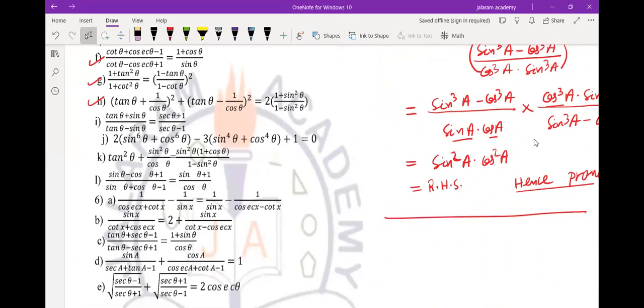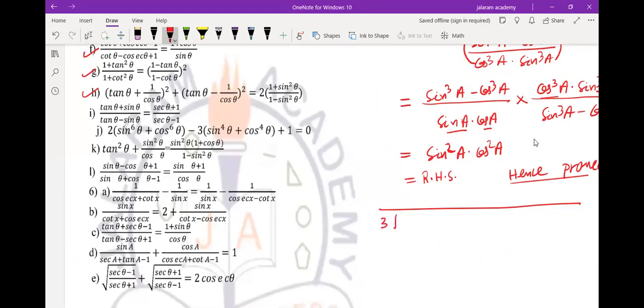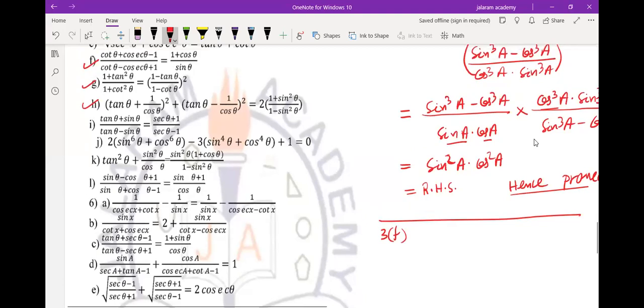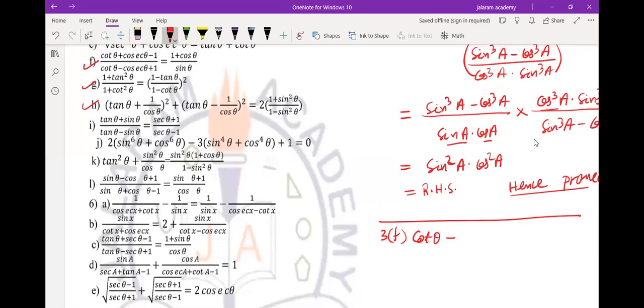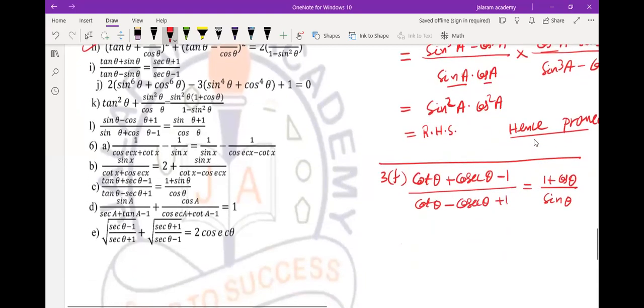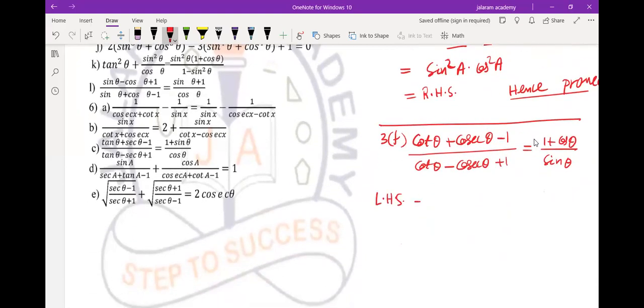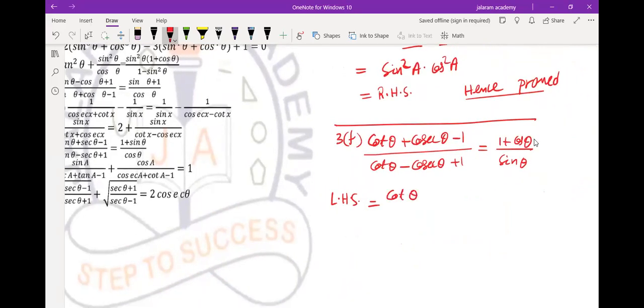So we again start with LHS equals cot theta plus cosec theta minus 1 over cot theta minus cosec theta plus 1.